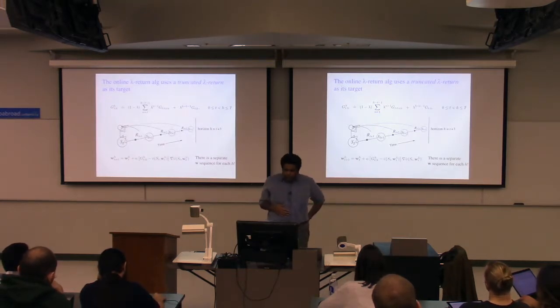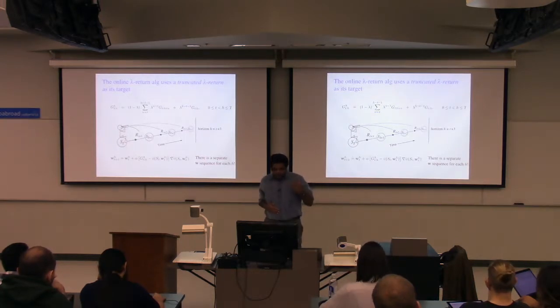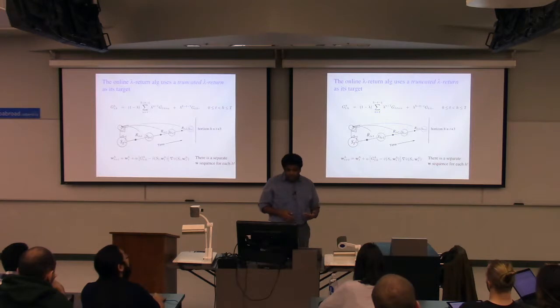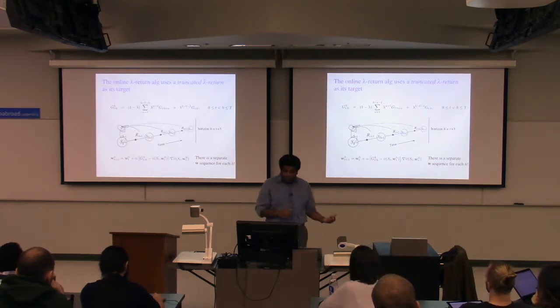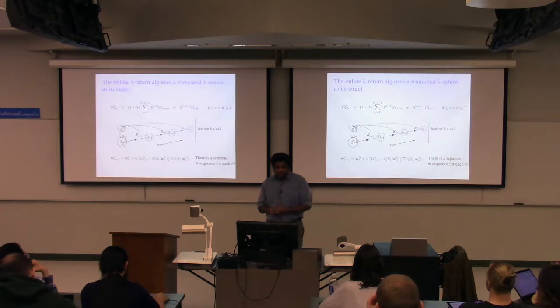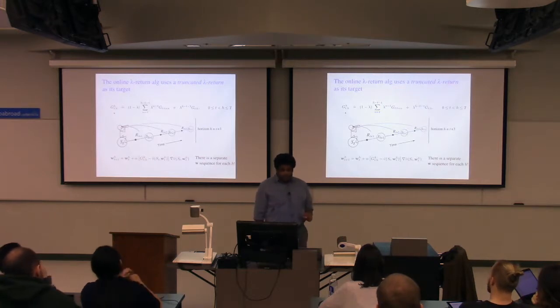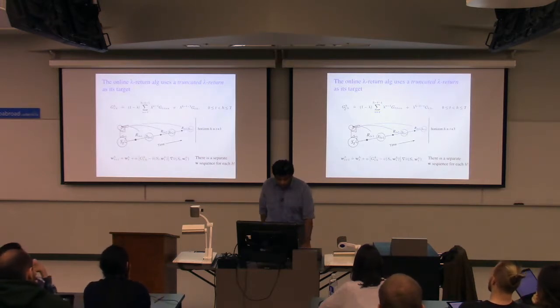Well, we consider what would be the return one step into the future, or if we truncate the returns, let's say two steps into the future, or up to n steps into the future, and we say, what would happen if we bootstrapped at that point? Then we can use that to update our values, and then we're going to do a lambda mixture of these. Okay, so let's first take a look at how we're defining this truncated lambda return.